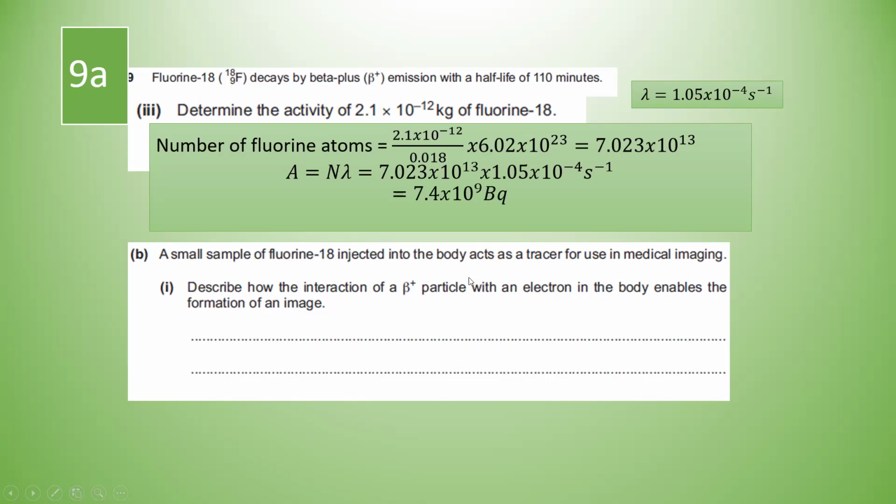A small sample of fluorine is injected into the body, acting as a tracer for use in medical imaging. Describe how the interaction of a beta plus particle with an electron in the body enables the formation of an image. You want to try?